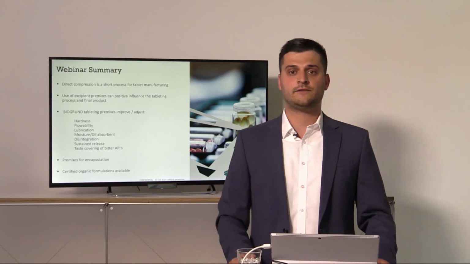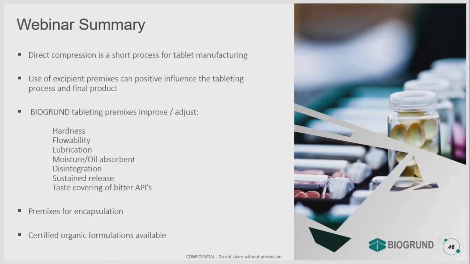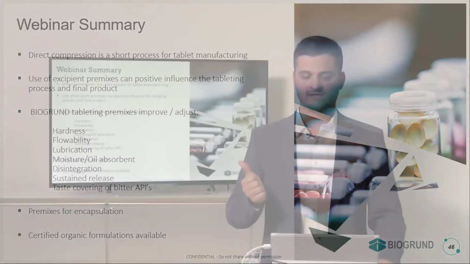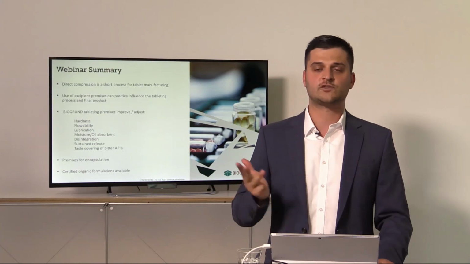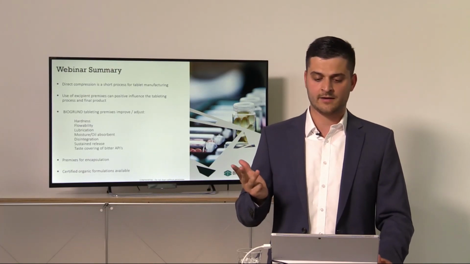In order to finalize the webinar, here's a short summary. Direct compression is a short process for tablet manufacturing. Use of excipient premixes can positively influence the tablet process and the final product. BIOGRUND's tableting premixes improve the hardness, the friability, the lubrication. They act as moisture and oil absorbent ingredients.